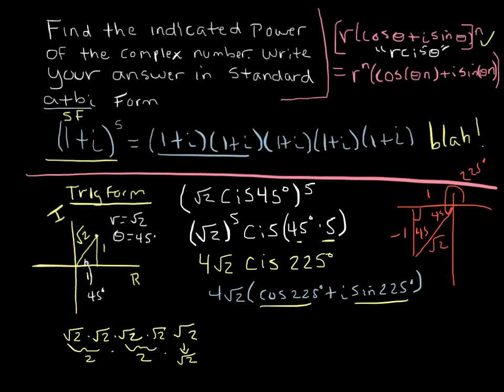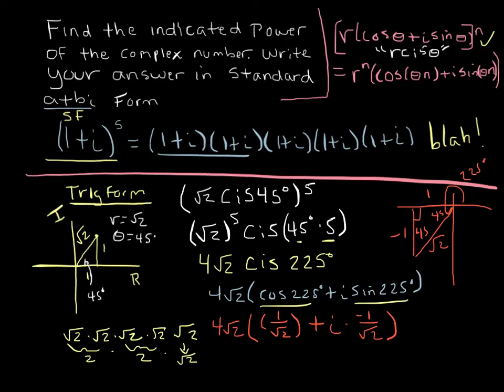And so the cosine of 225 is adjacent over hypotenuse, which is negative 1 over root 2. Plus i sine, not sine, plus i times the sine of 225, which is negative 1 over root 2, with this 4 root 2 on the outside.